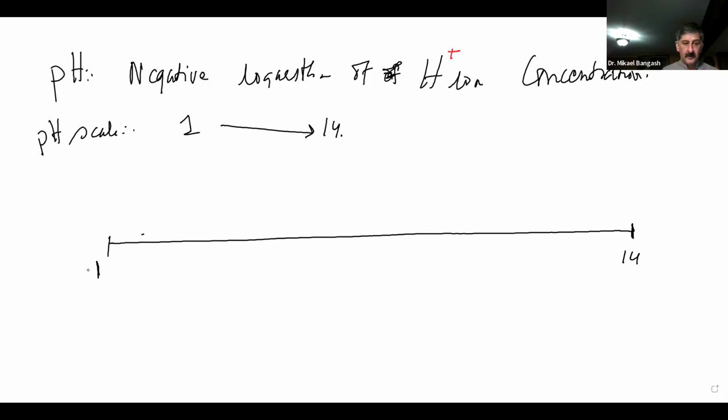And what we said was that for us here, we will take 7.4. That is what we'll call a neutral pH, which mainly will mean that it's not acidic and it is not alkaline.